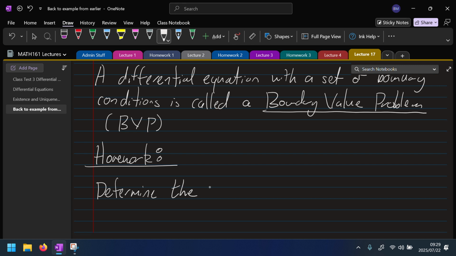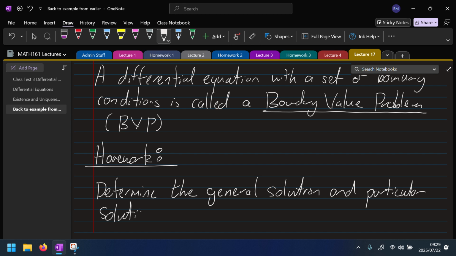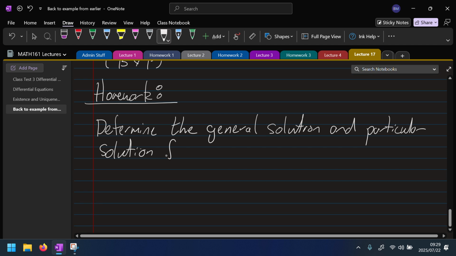Okay, determine the general solution and particular solution for the following.